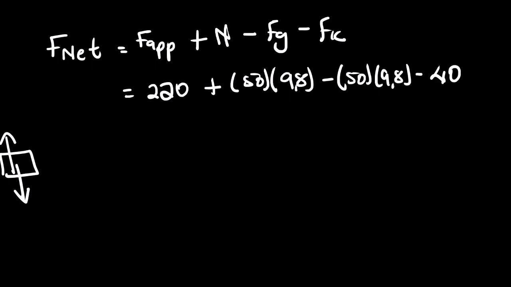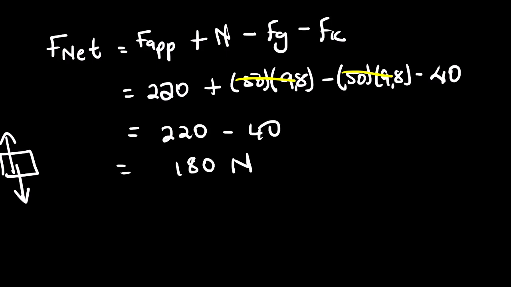So you can see that this and this will actually cancel each other. So we have 220 minus 40, which will give us 180 newtons. That is our net force.